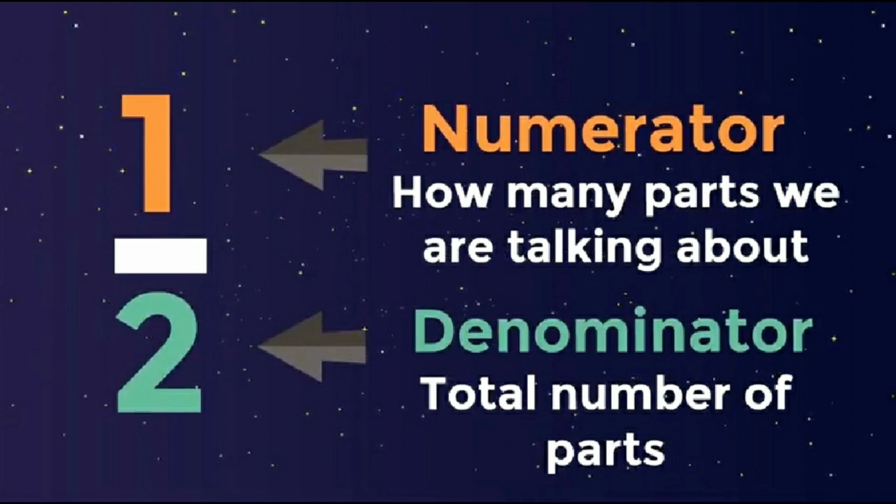The number 1 is written in orange color. This is numerator, and the number 2 is written in green color, and it's denominator. Numerator is how many parts we are talking about, and denominator is total number of parts. This is telling us we are talking about one part out of two parts.